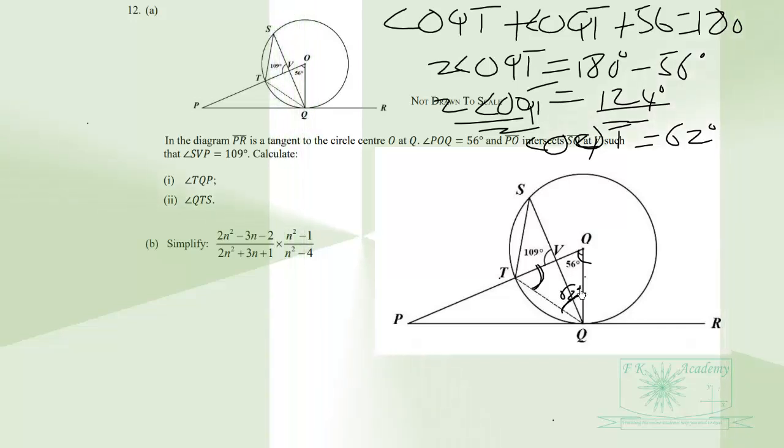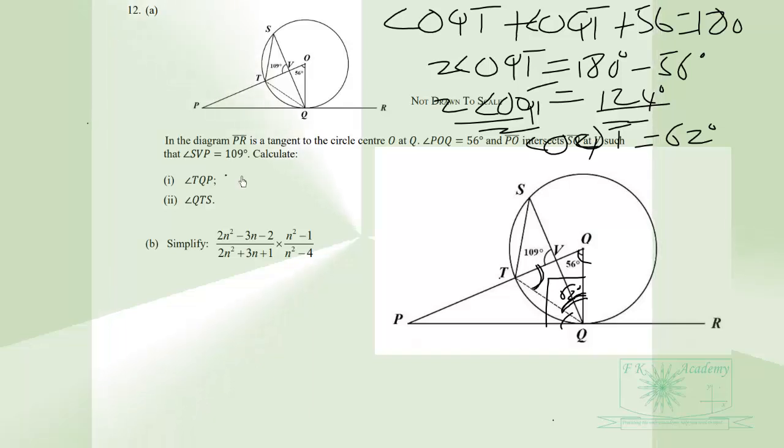Then we know that from this angle to this angle is 90. So if this is 62, then the small one here should be 90 minus 62. So that is angle QTP.